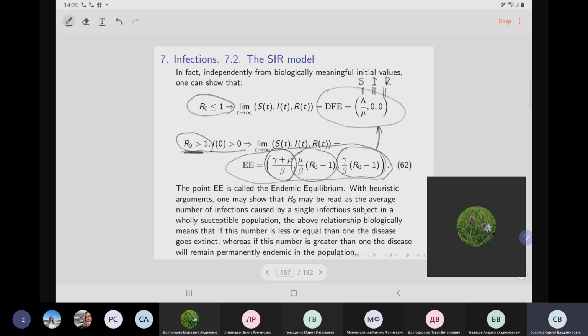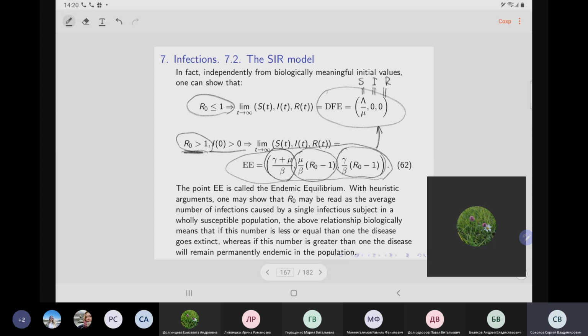And there are some diseases that were beaten by the people community using vaccination, using some prophylactic, and so on.